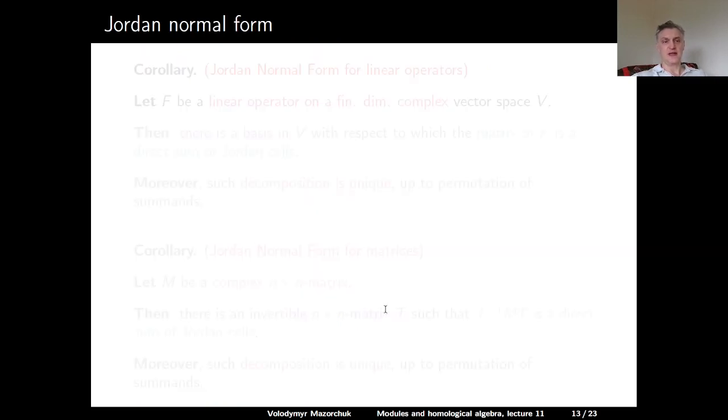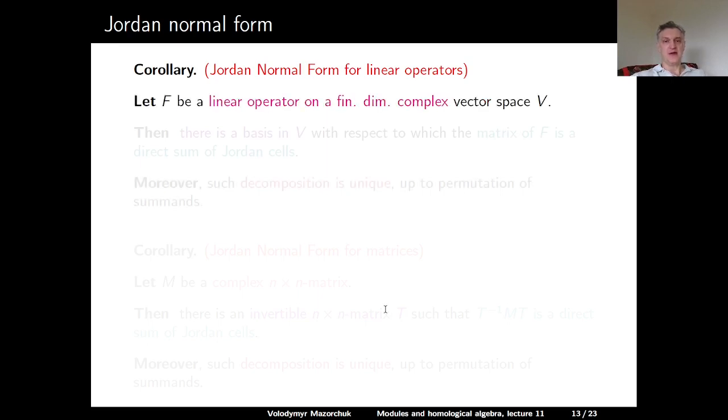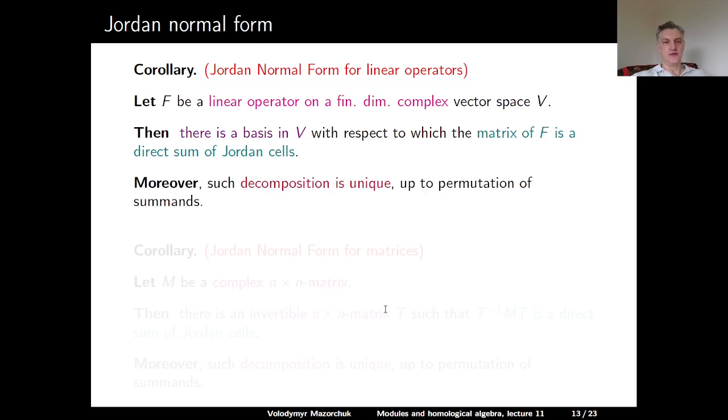And so we can formulate the corollaries for the Jordan normal form. Let F be a linear operator on a finite dimensional complex vector space V. Then there is a basis in V with respect to which the matrix of F is a direct sum of Jordan cells, defined on the previous slide. Moreover, such decomposition is unique up to permutation of summands.